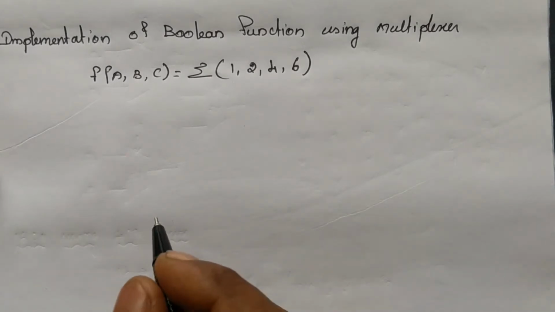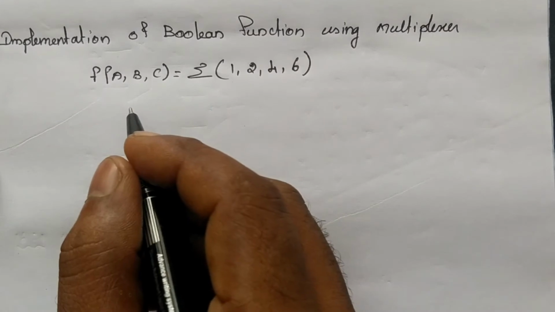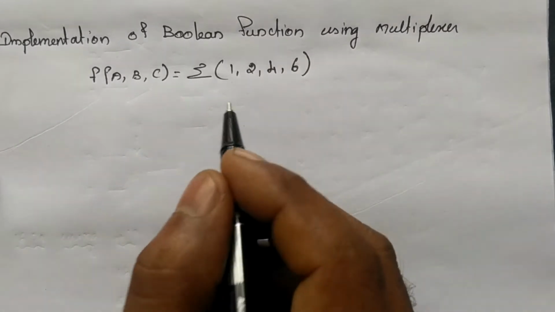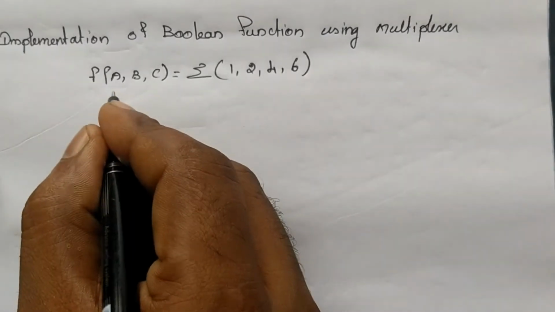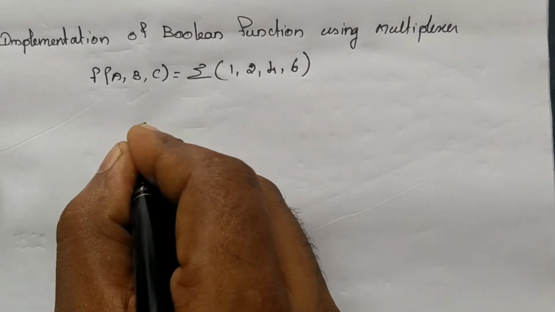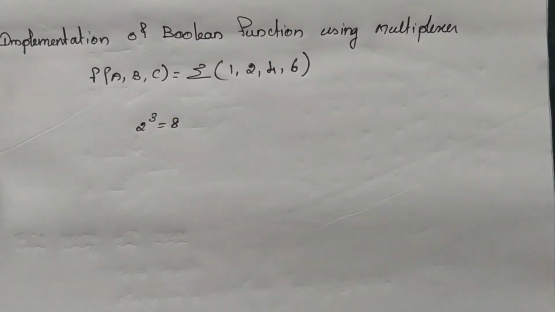In the multiplexer we need to find which multiplexer we need to use for this implementation. First, here it's 3 variables, therefore 2 power 3, which means we will have 8 possible input combinations, that means 0, 0, 0 to 1, 1, 1.